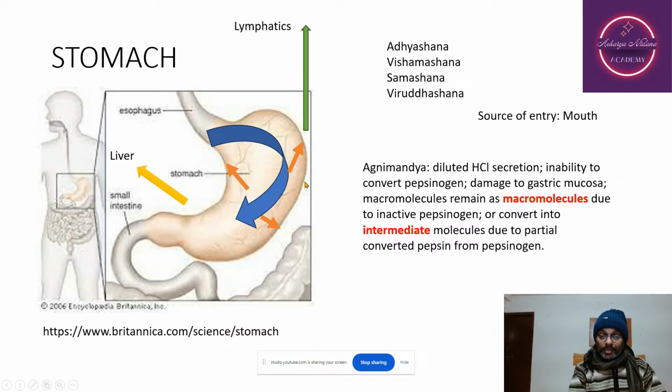They enter into the interstitial space of the stomach, from there into the lymphatics, thereby entering into the superior vena cava, and from there into the heart. So that means the ama formed will be entering into the blood circulation, bypassing the portal circulation.